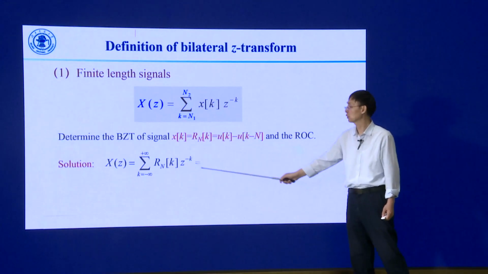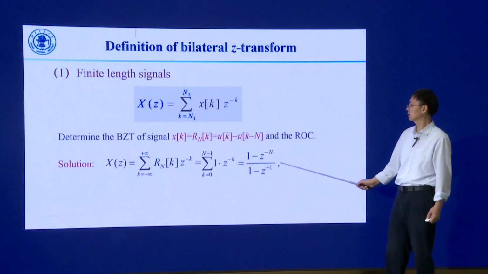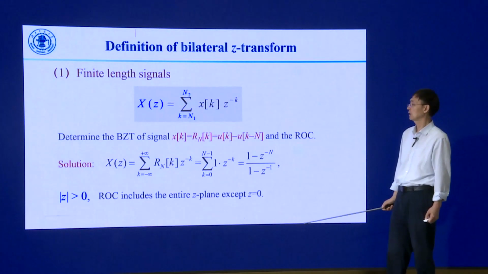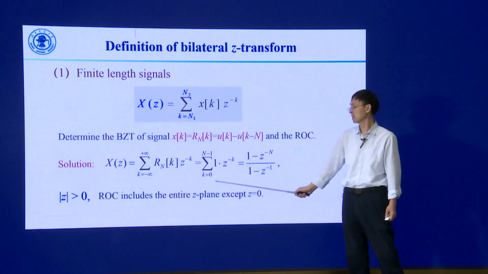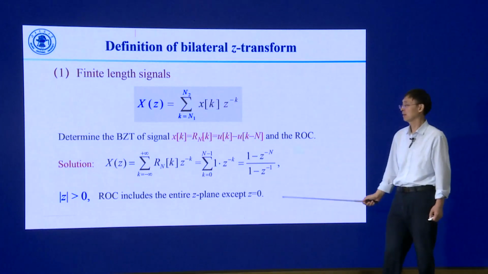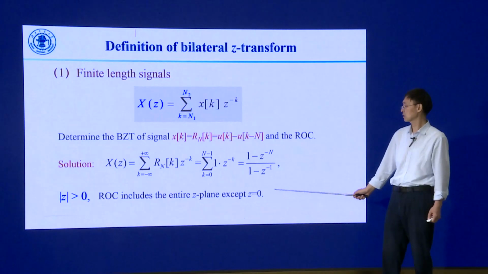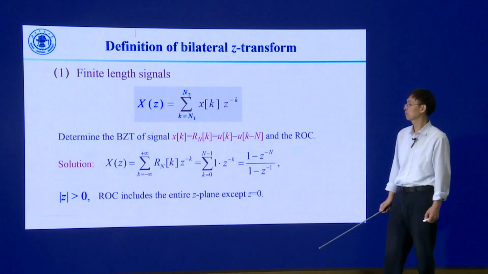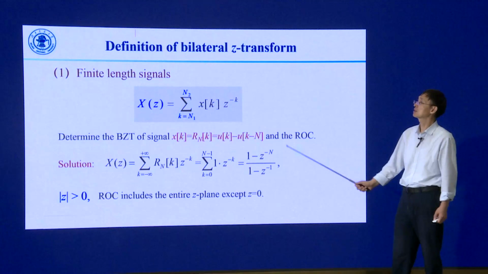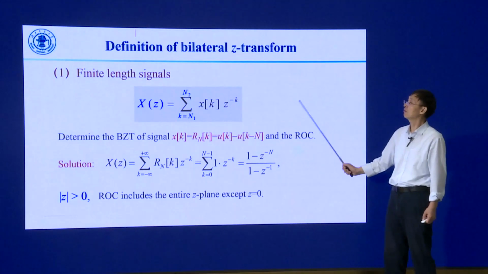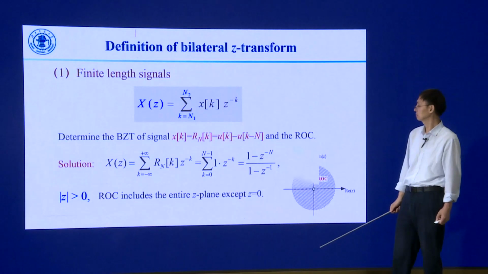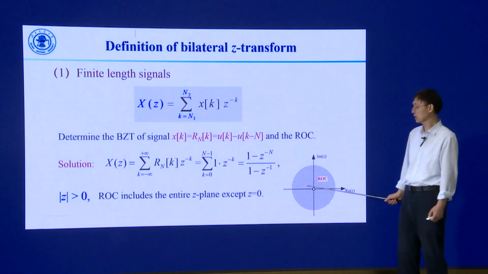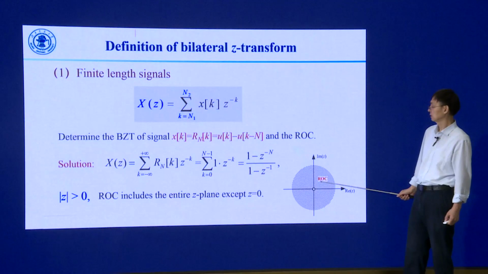According to the definition, we can get this result. Here, ROC includes the entire Z plane except Z equals 0, because the signal is a finite length signal. We can express it in this picture.